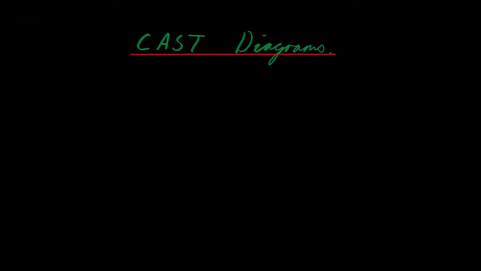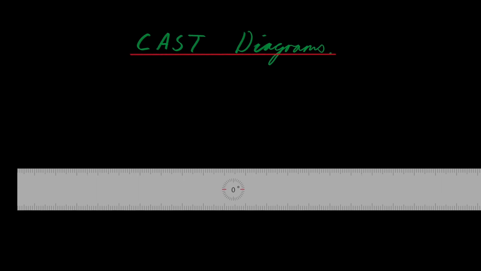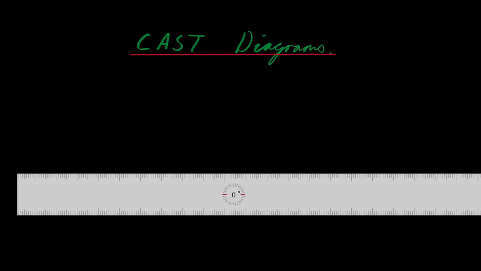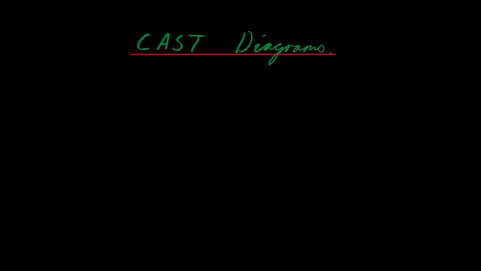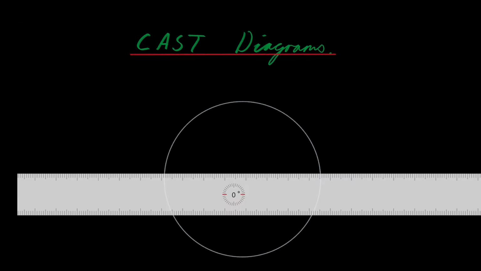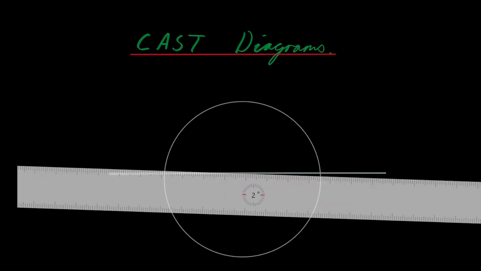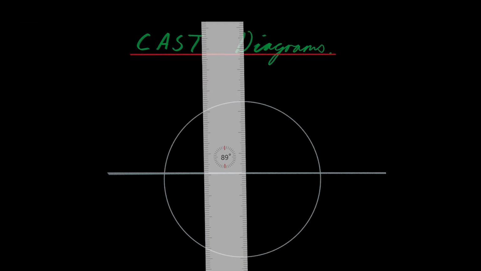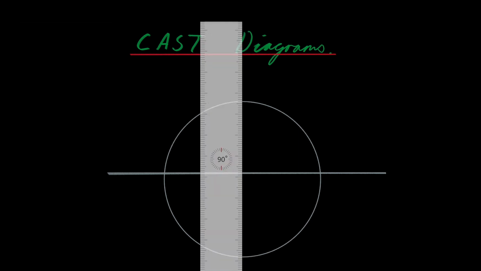Well, I'm going to draw a Cartesian plane. Actually, I'll draw a unit circle first. So here's our unit circle. Here's our x-axis and our y-axis of the Cartesian plane.